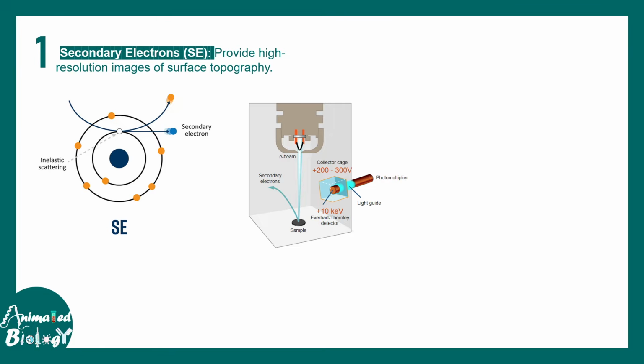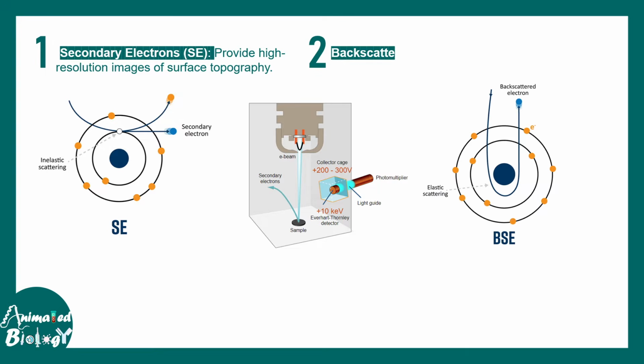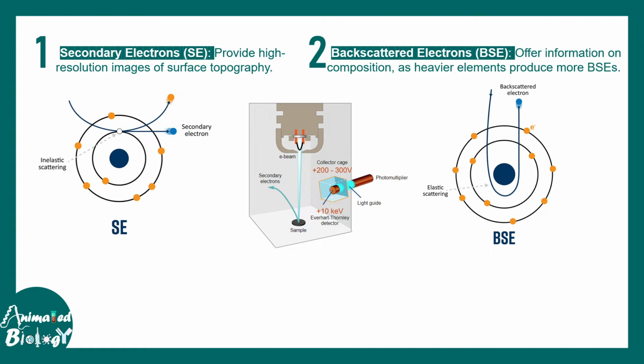So these secondary electrons can be detected by secondary electron detectors. Then there are backscattered electrons. These are electrons which penetrate an atom but eventually undergo elastic scattering and move in the backward direction.